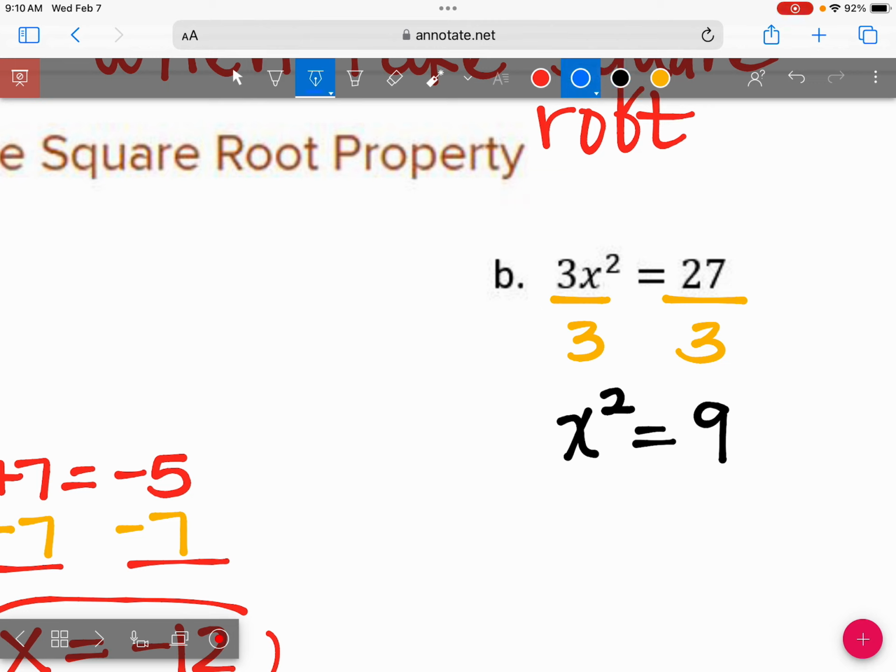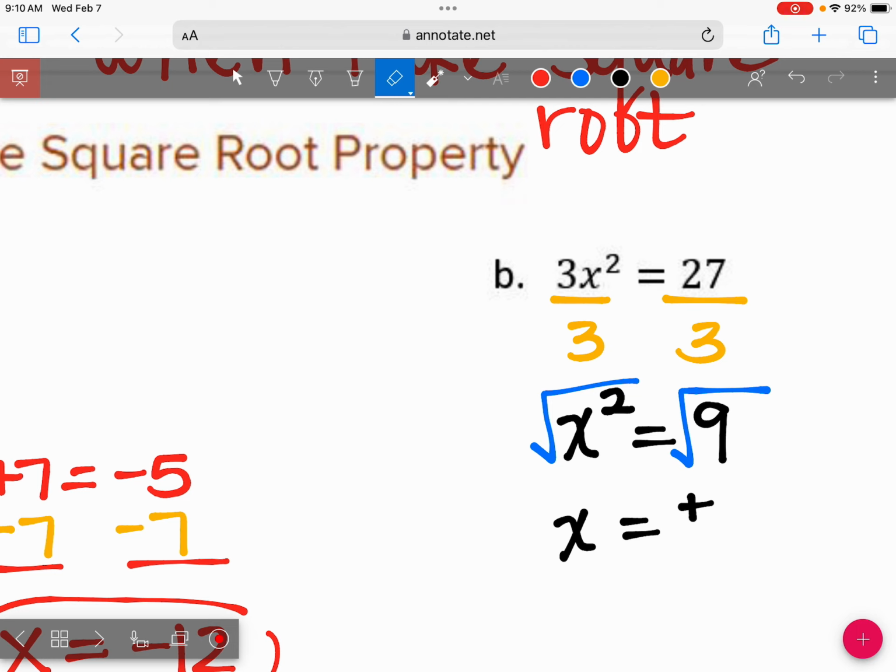And now we need to take the square root. So when we take our square root, we get x. It doesn't just equal 3, because we always get 2 answers when we take the square root. So what would be my 2 answers? Positive 3 and negative 3. That shouldn't say x squared.